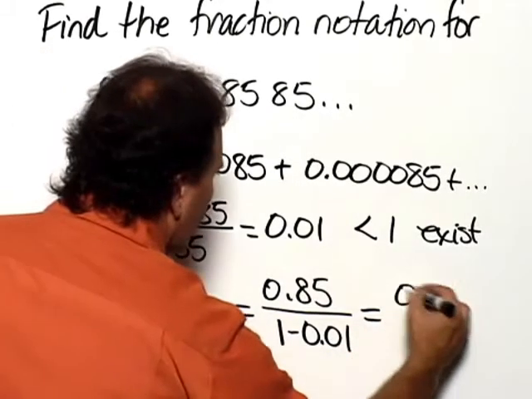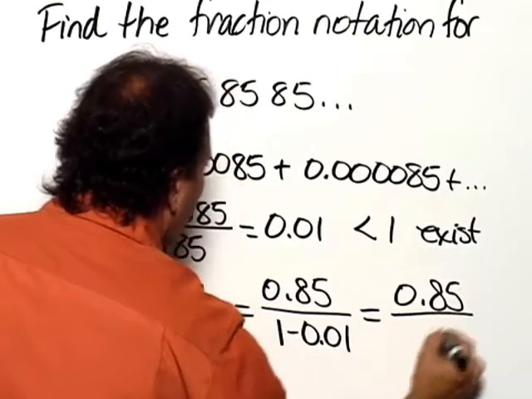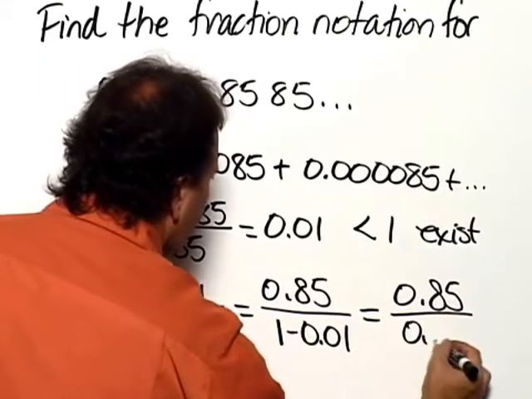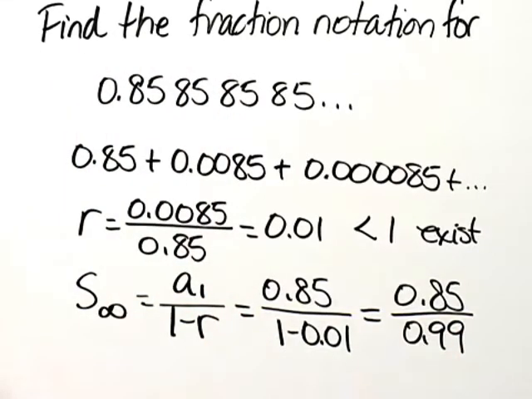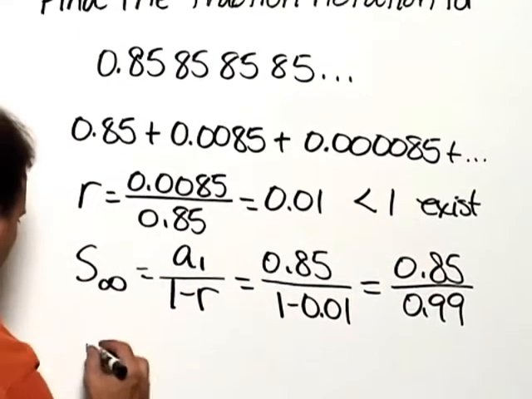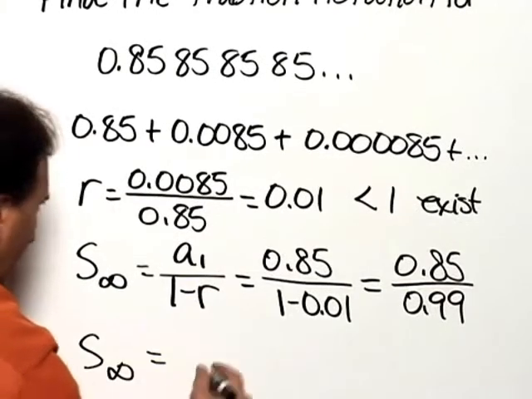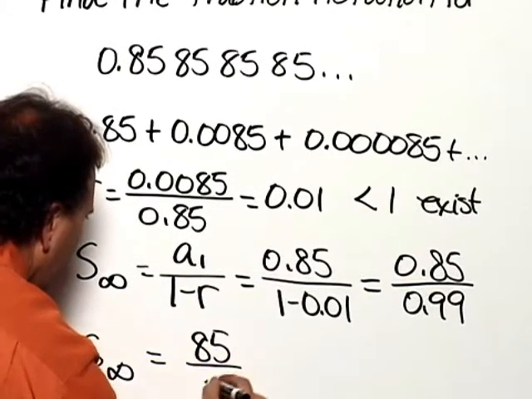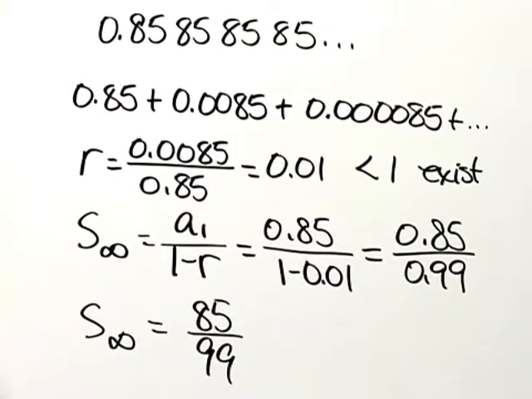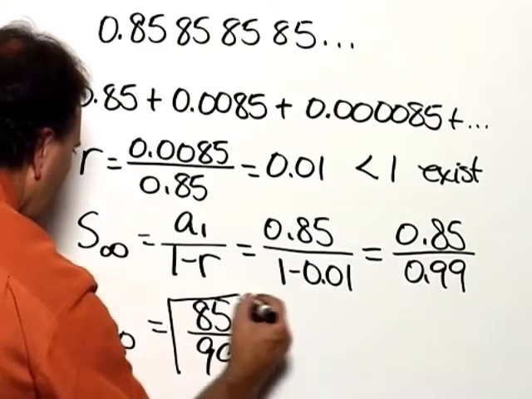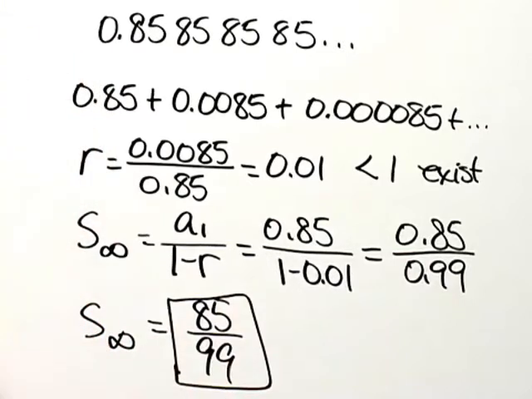Simplifying the denominator, we have the numerator is 0.85 divided by 0.99. And therefore, when we simplify that, we find that the limit is 85/99, and therefore that is the fraction notation for the repeating decimal 0.85858585.